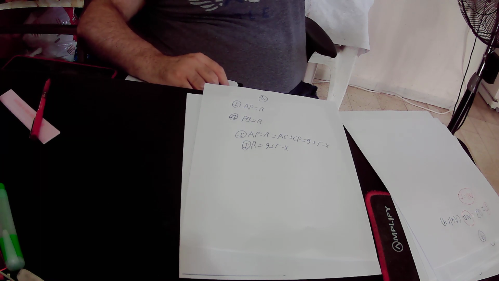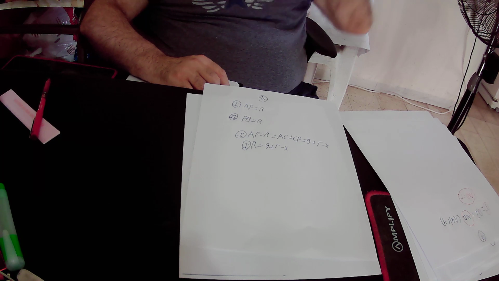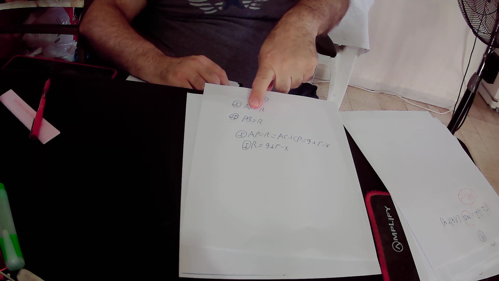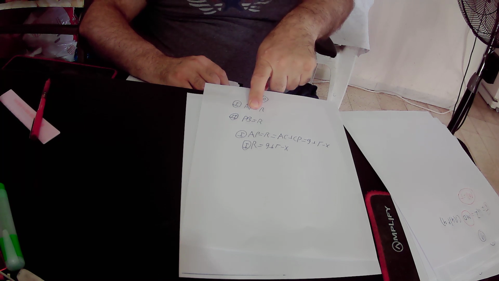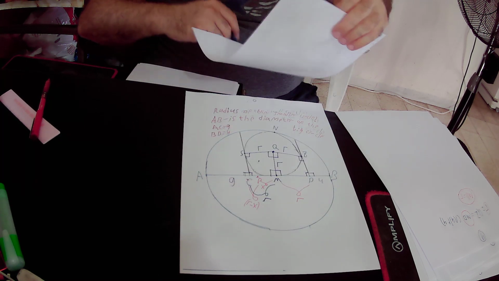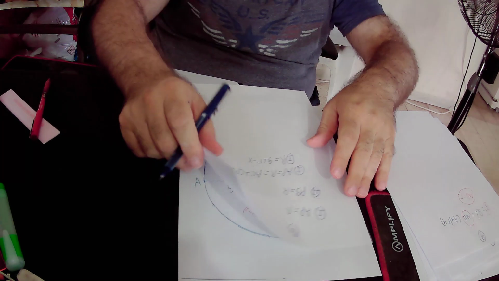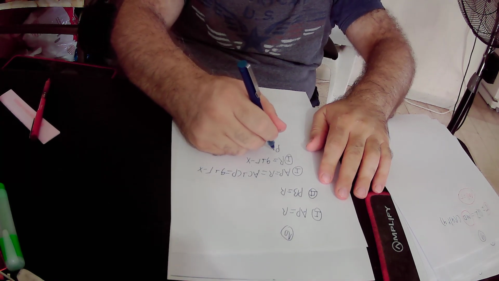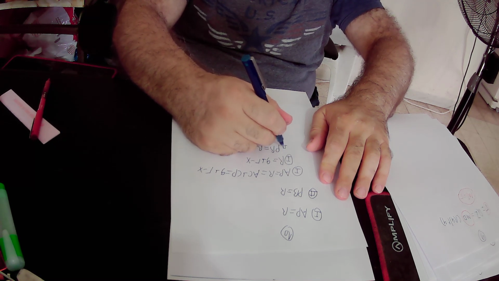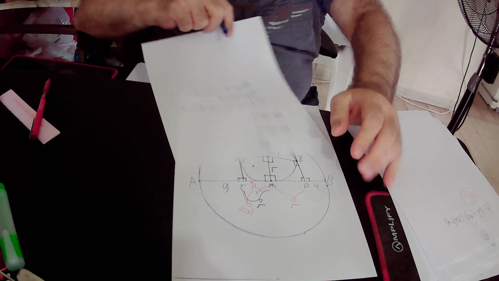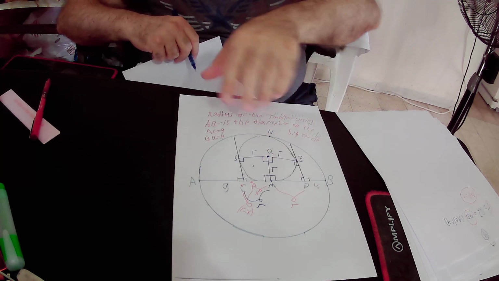And we have our second expression, the equation for the radius of the big circle that states that PB equals capital R.